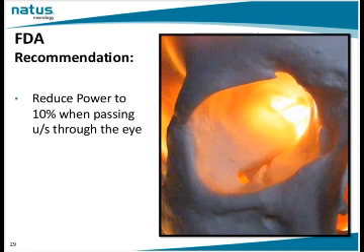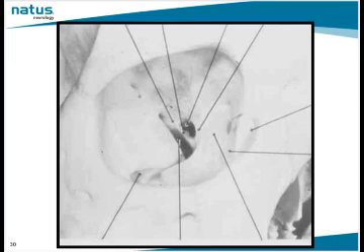The FDA recommendation is that we must reduce the power to 10% or less when passing ultrasound through the eye. With the Sonara, your protocol automatically reduces the power for you. Now, how can we do that? We use 100% power half the time when we're going through the transtemporal and even the vertebrobasilar arteries.